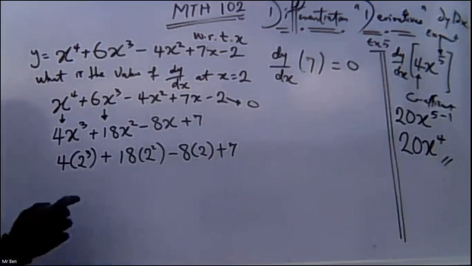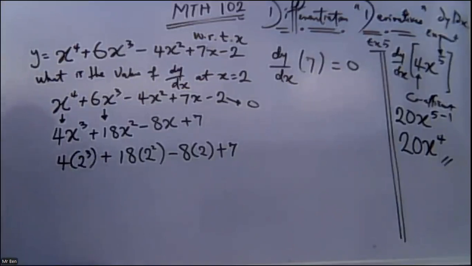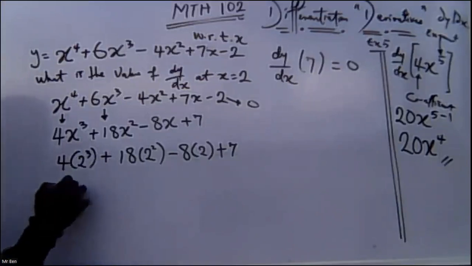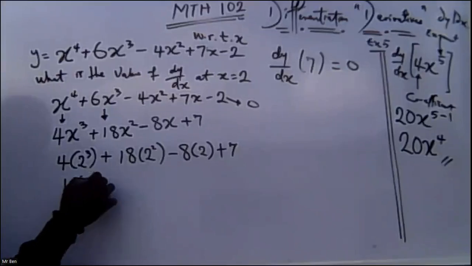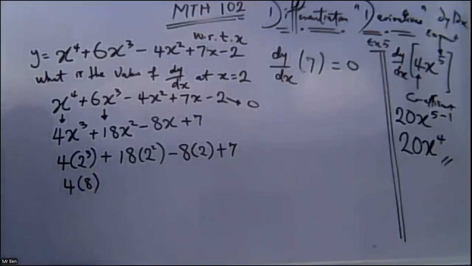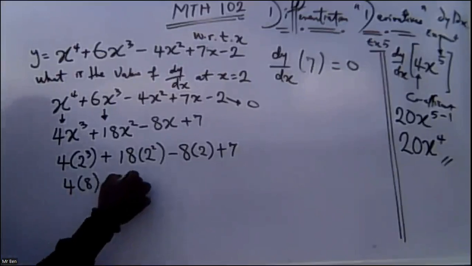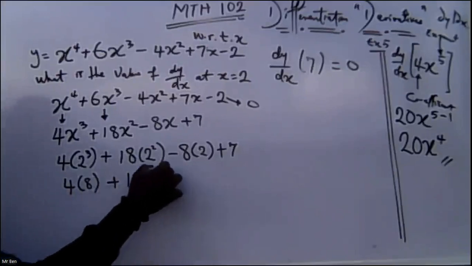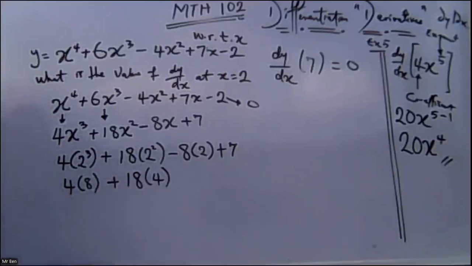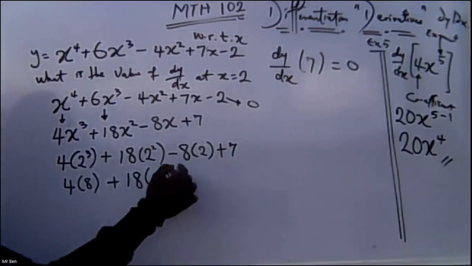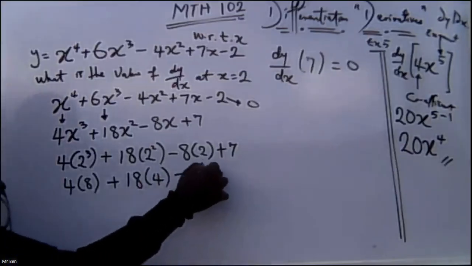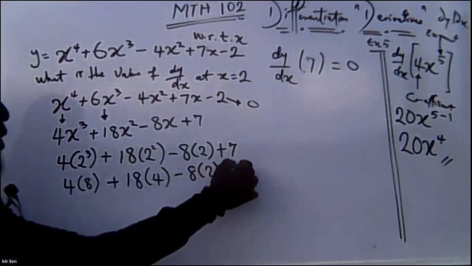Don't forget, 2 raised to power 3 gives us 2 times 2 times 2, which is 8. So we now have 4 times 8 plus 18 times 4, since 2 times 2 is 4, and 8 multiplied by 2 plus 7.